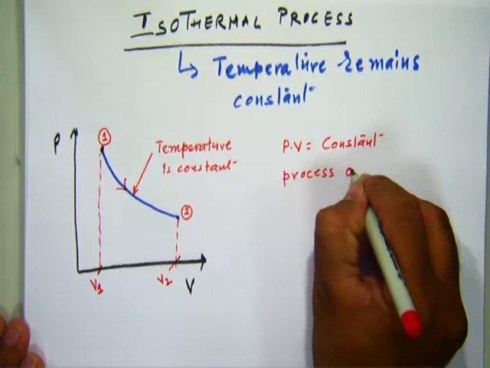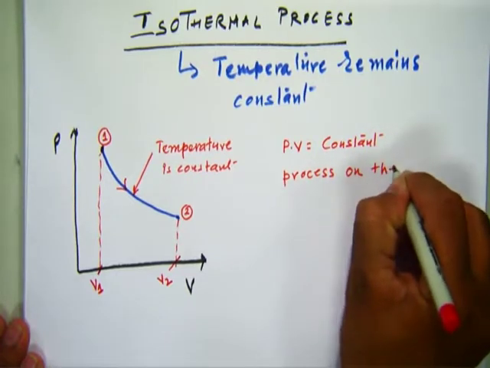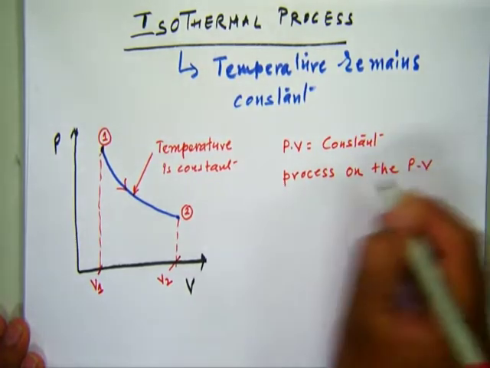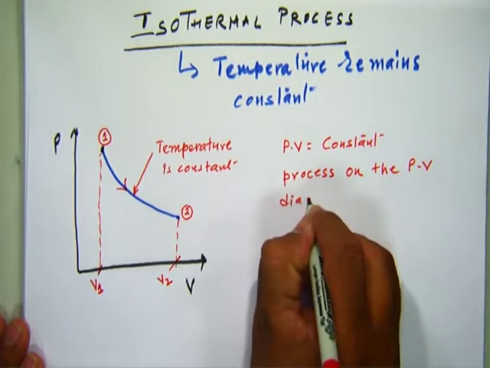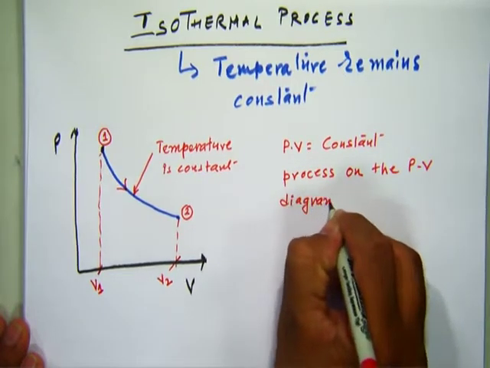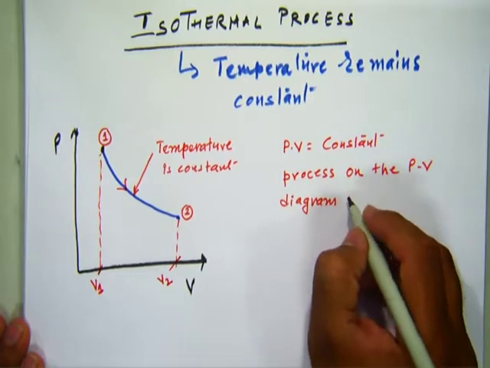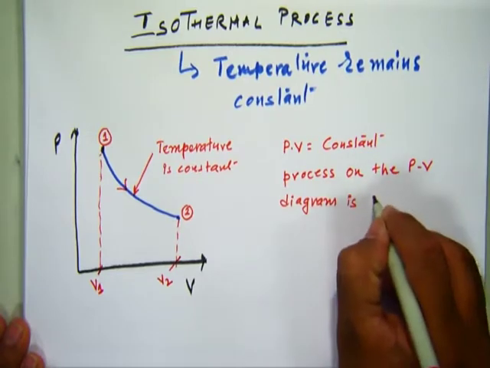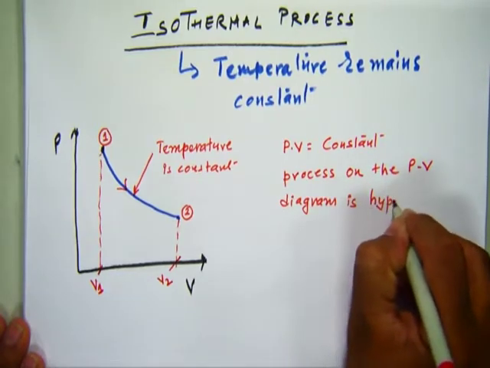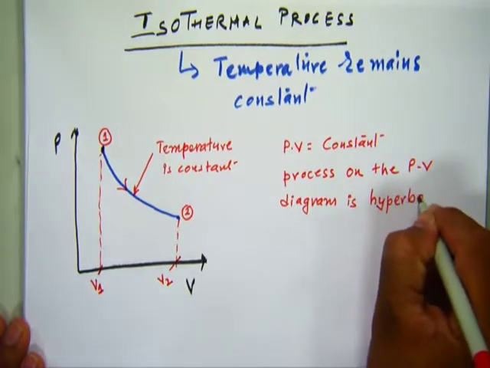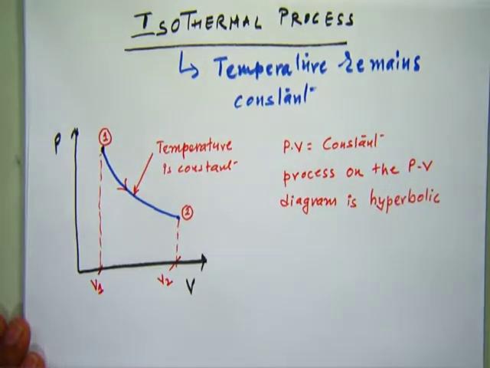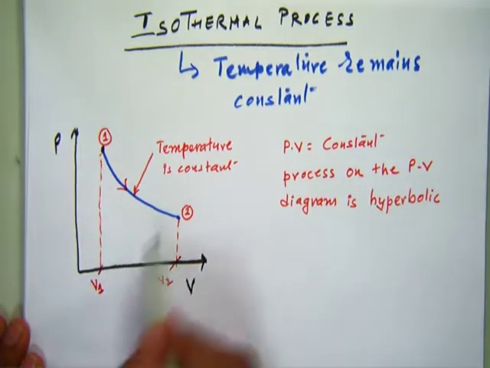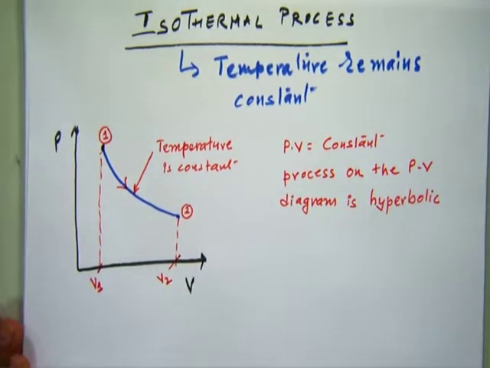And the process on the PV diagram is hyperbolic. Process on the PV diagram is hyperbolic. 1 to 2 it is expansion.